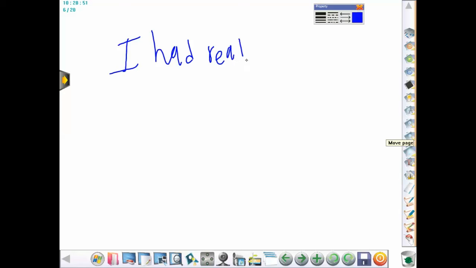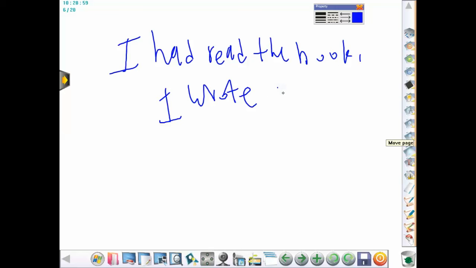If I want to put after in the middle, let's say I had read the book, and then I wrote a review about it. What happened first? I had read the book, and then I wrote a review about it. So if I want to put after, but I want to put it in the middle, whatever you put after, or as soon as, at the beginning, or in the middle, it should be followed by past perfect.